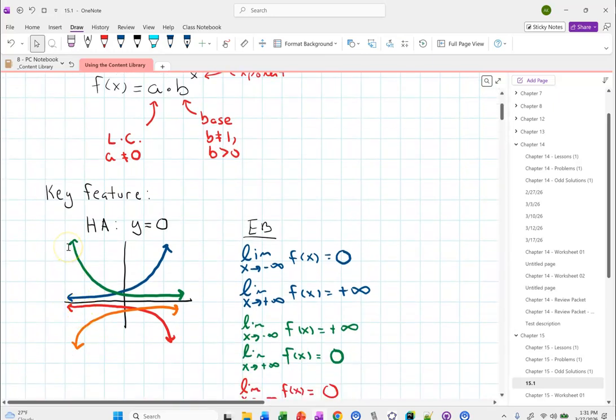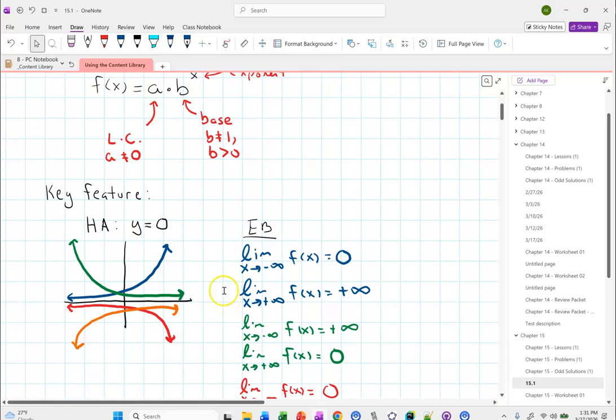If we look at the four possibilities that I've color-coded here in orange, red, blue, and green, those are the four different possibilities of what an exponential function of the form a times b to the x could look like. You'll notice that each one of them has a different end behavior, right? Only one end is following the horizontal asymptote, and the other end is bombing off to either positive or negative infinity.